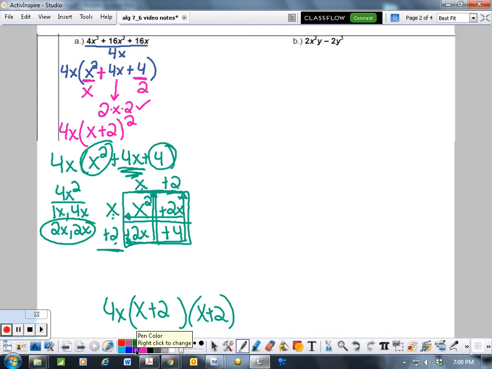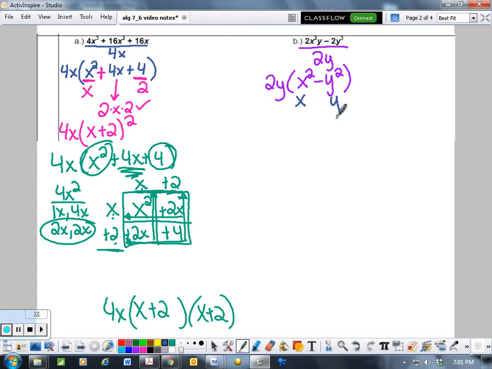Okay, so next one, 2x squared y minus 2y to the third. They both have 2's, and they both have y. So I'm going to factor out a 2y, which means now I'm going to have x squared minus y squared. So this is that classic difference of squares pattern. This is really x times x.